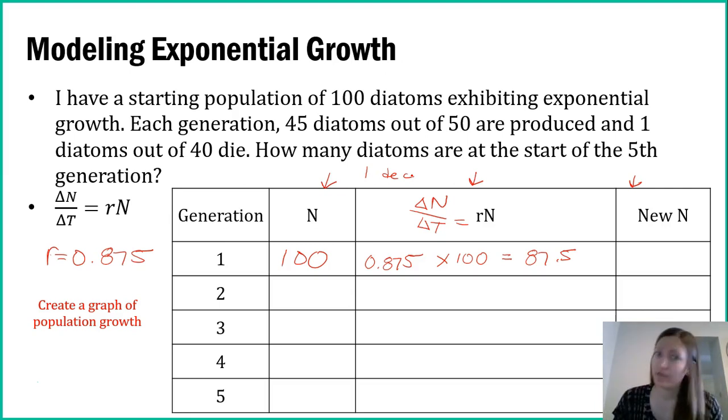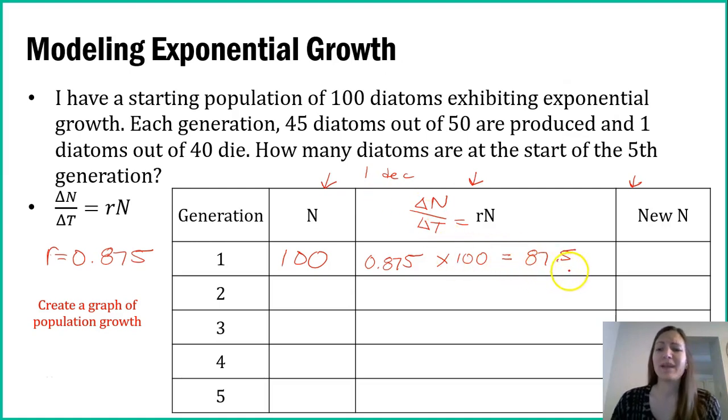So I expect you to keep decimal places, but just 1 decimal place is fine. Honestly, you could probably get away with not, but just keep 1 decimal place and know that the reason we're not rounding is because we're in a mathematical model now, not in the biological world. We're using math to help explain or predict the biological world.